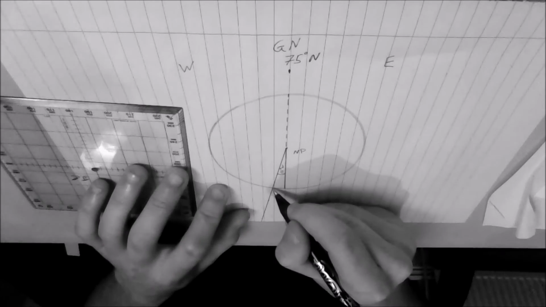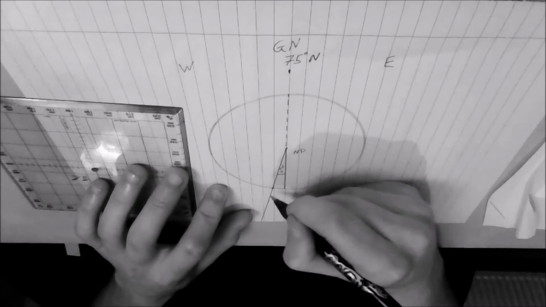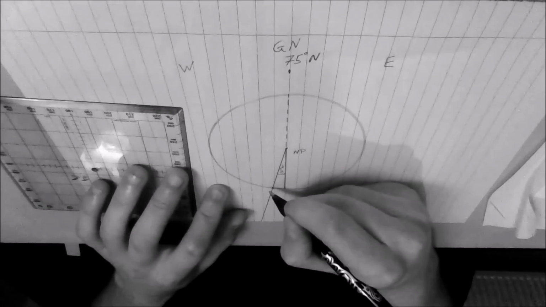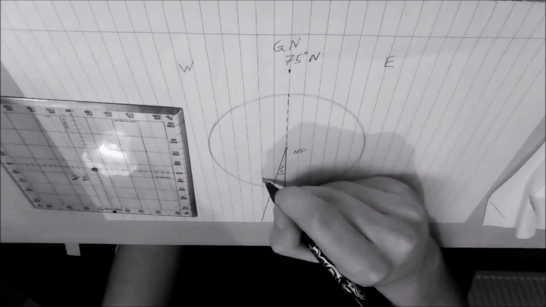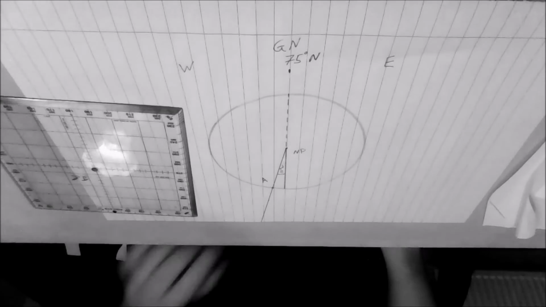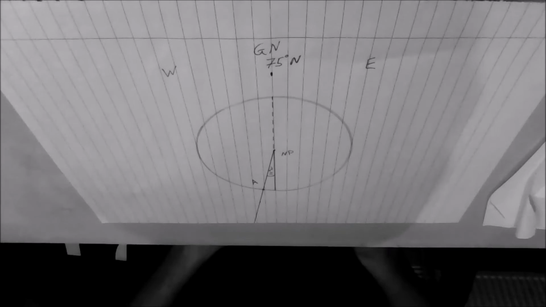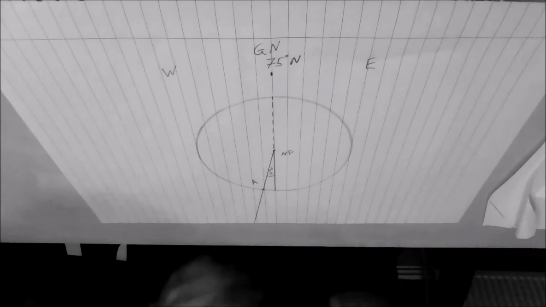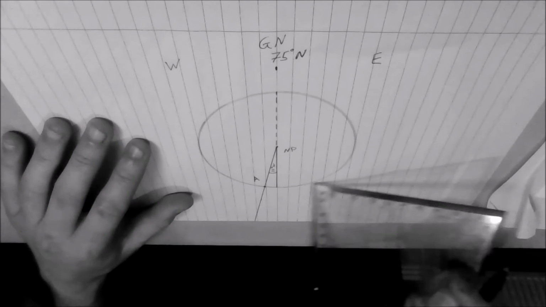What I'll also do is just mark a point where that line intercepts the circle, and we know this point is now point A, as stated in the question, so I'll just mark an A next to that. Okay, now what we'll do is mark our 50 degrees east. So again, same principle, it's measured from the meridian, so we'll go 50 degrees around from here.